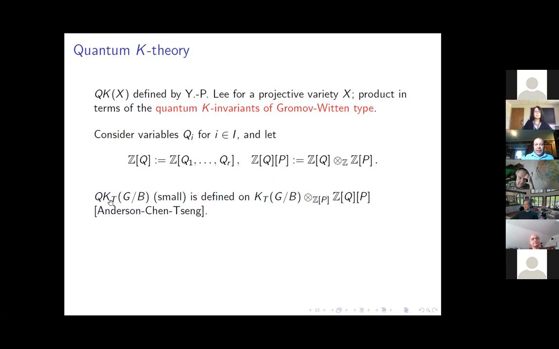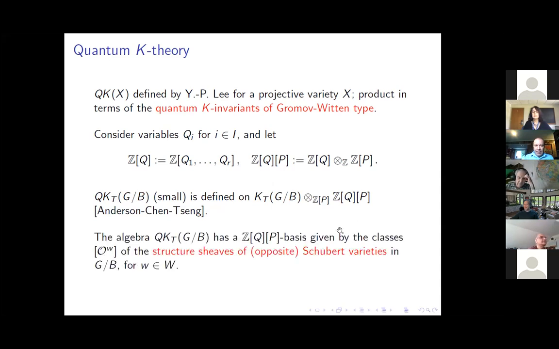Then the T equivariant quantum K theory of G mod B, the small version, is defined with additive structure being the same as for T equivariant K theory by introducing these quantum coefficients. And then this algebra has a basis over this base ring, given again by structure sheaves of Schubert varieties, which I'm going to denote O upper W. And the indexing is as usual for the finite type flag variety by elements of the finite Weyl group.